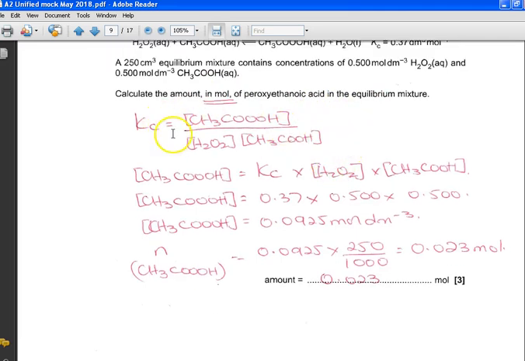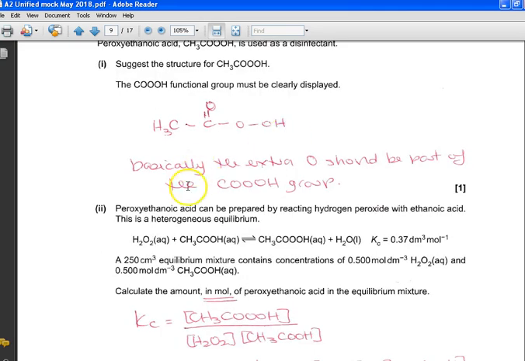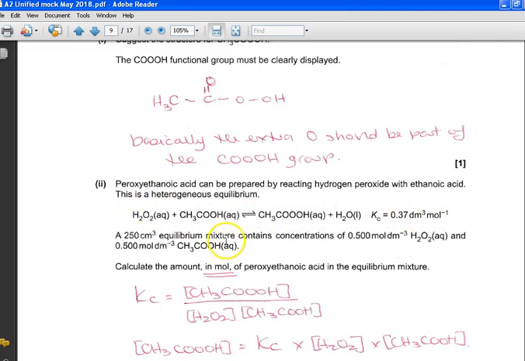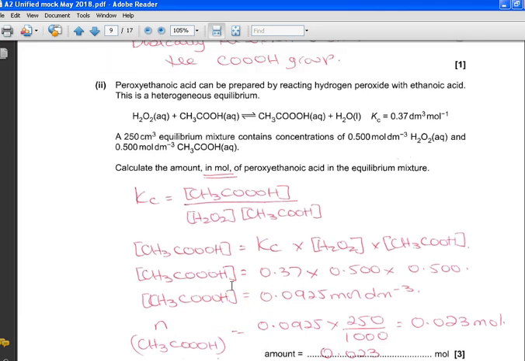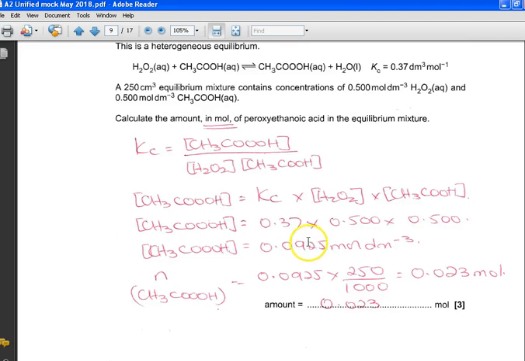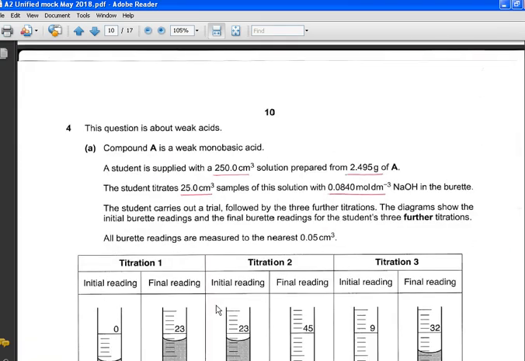So write the equilibrium expression, which is pretty straightforward, do the calculation, work out the concentration of your peroxyethanoic acid, and then from that work out the number of moles. Number of moles is concentration times volume.